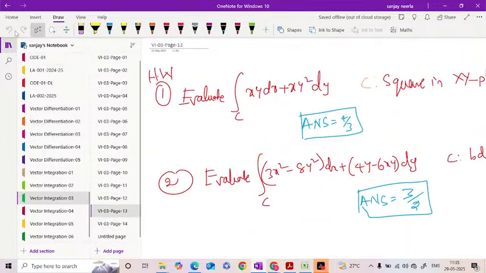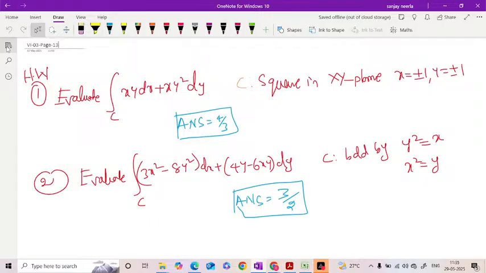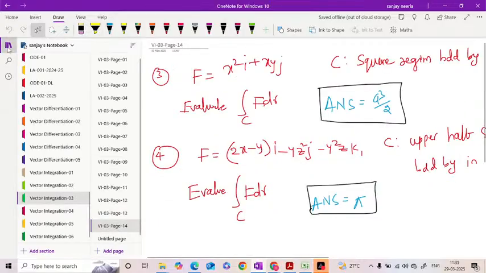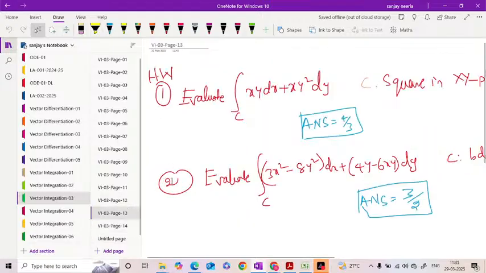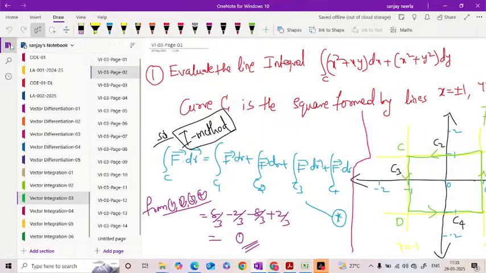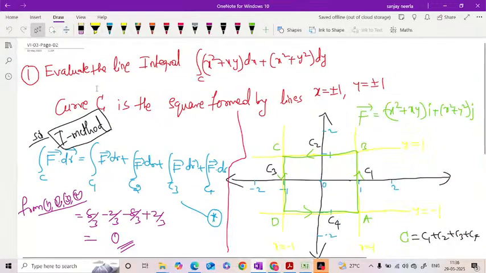So I think the first problem is over and the fourth problem is over. That means now we have the remaining two problems. The second problem and third problem, just do in three varieties. That means apply the line integral, apply Green's theorem, and apply Stokes theorem. And one more also: in the previous class we have seen this first problem.